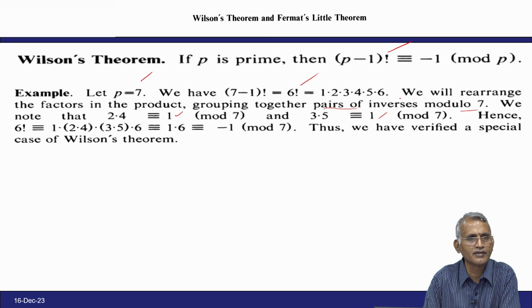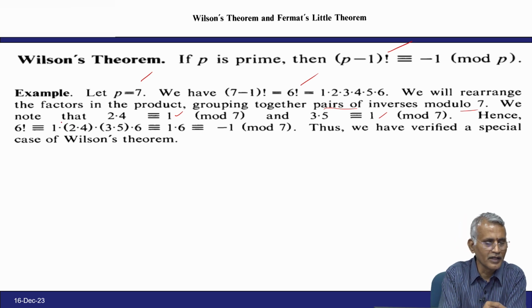And also you have to take the other pairs. So, I think maximum pairs we covered. So, 2 into 4, 3 into 5 are the only 2 pairs corresponding to modulo 7. Therefore, we have 6 and 1 left. Finally, we have 6 factorial can be written as 1 into 2 into 4 and 3 into 5 and 6.